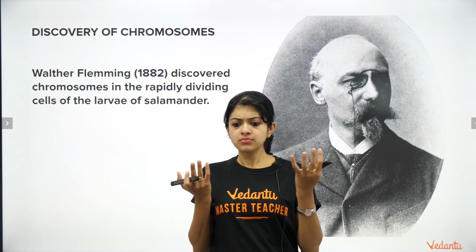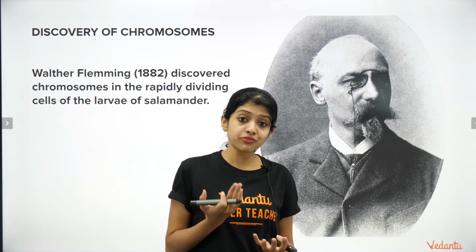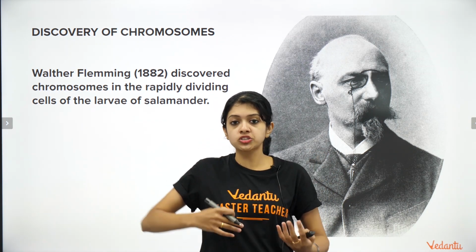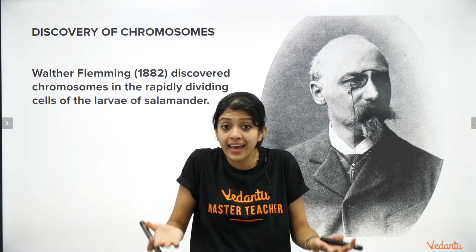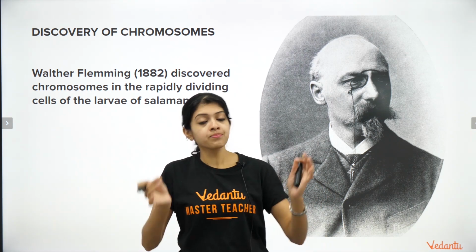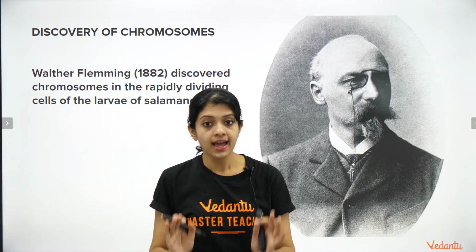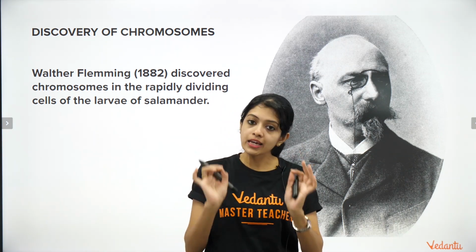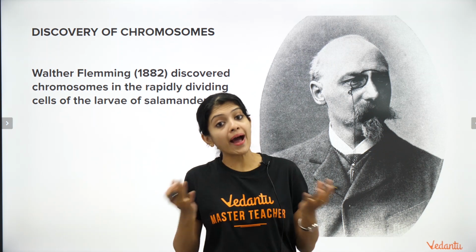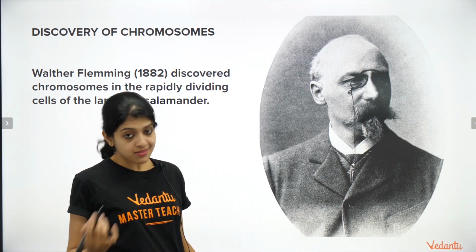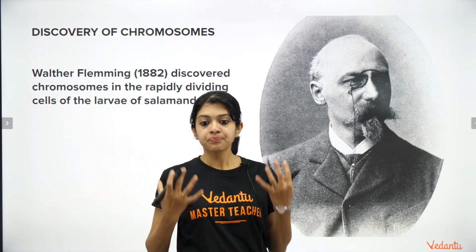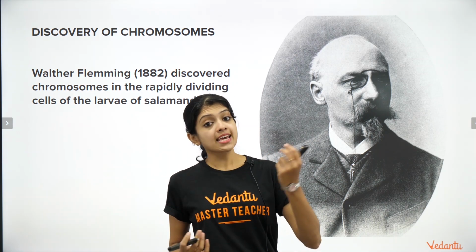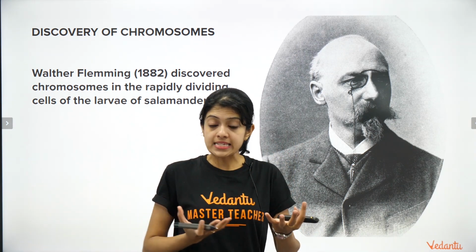But then Fleming did not have too much of an idea about the organized structure or the random thread-like mass or anything like that. To him, they just appeared as a thread, and the first time he named them, he called them chromosomes. And why did he name them chromosomes? There is a reason to that as well, because these structures take up certain stains or dyes very easily.